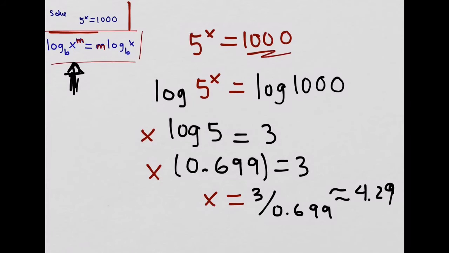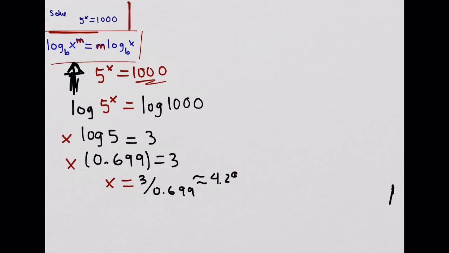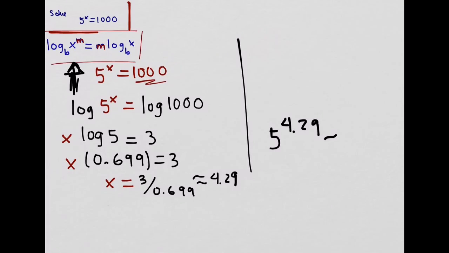Okay, so I got my answer, and let's check that this works. You're not going to see my work in the calculator, but I'm going to do 5 to the power of 4.29.